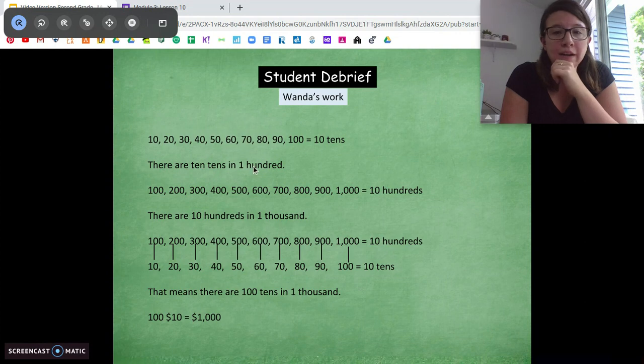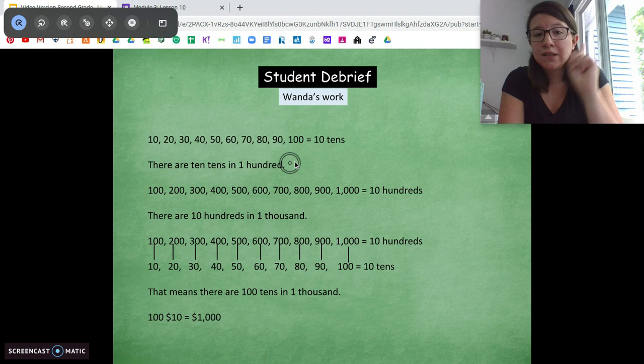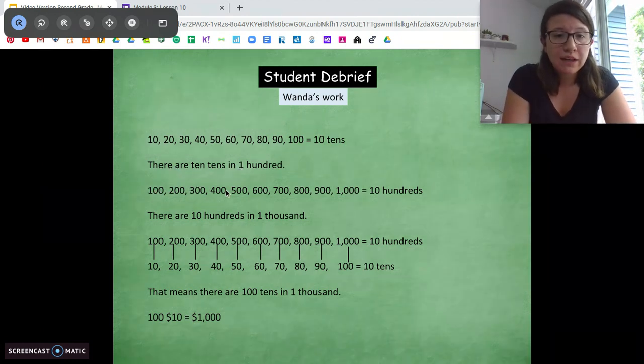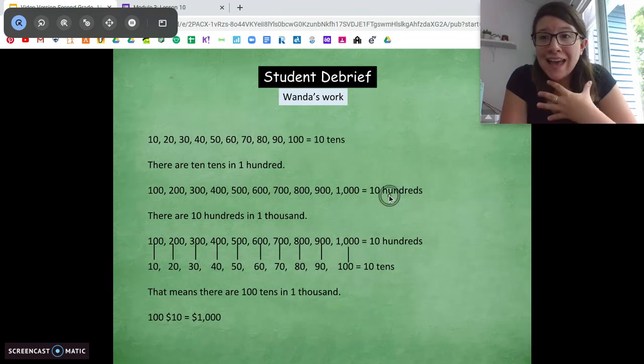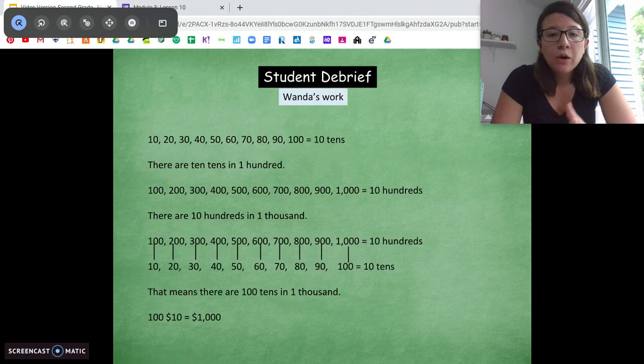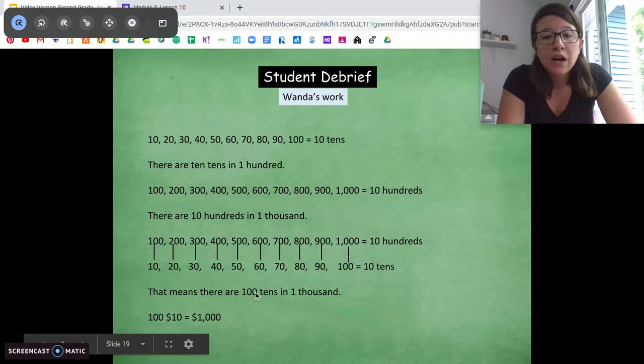She started by counting to figure out how many tens there were in 100. 1, 2, 3, 4, 5, 6, 7, 8, 9, 10. There are 10 tens in 100. Now, if we count by hundreds, 1, 2, 3, 4, 5, 6, 7, 8, 9, 10, there are 10 hundreds in 1,000. So what we can do is realize that means there are 100 tens in 1,000.